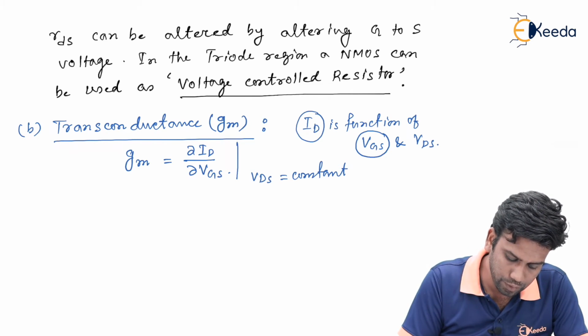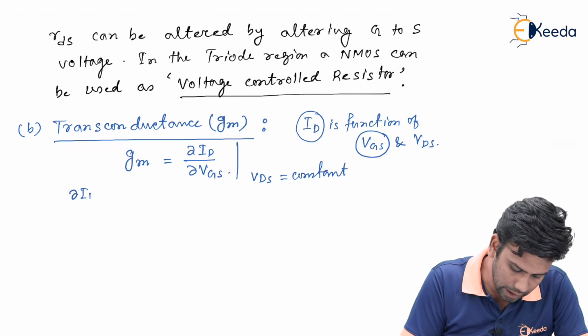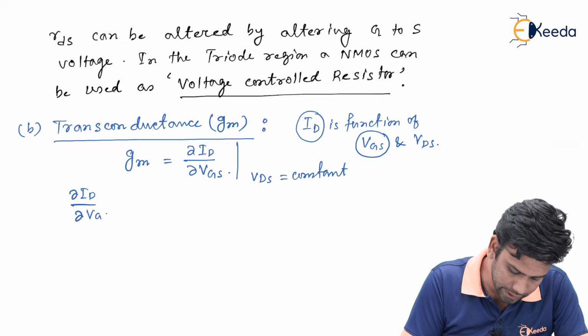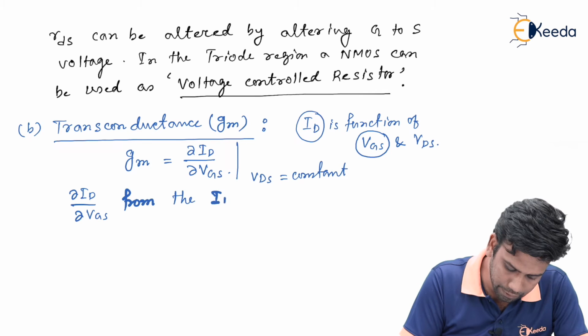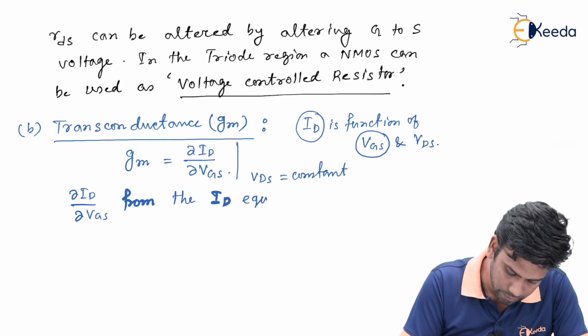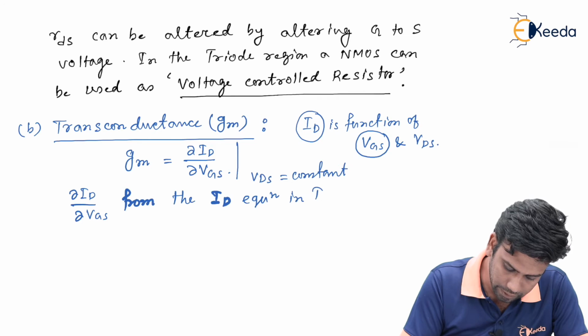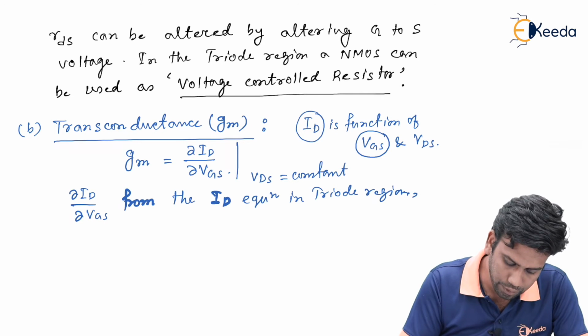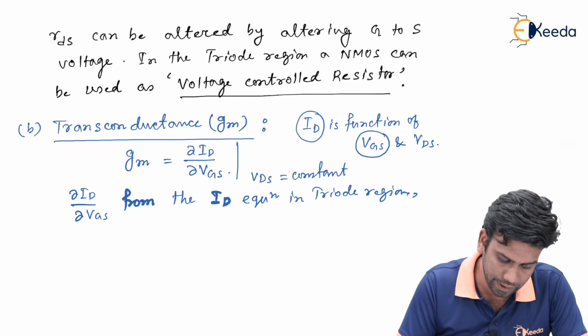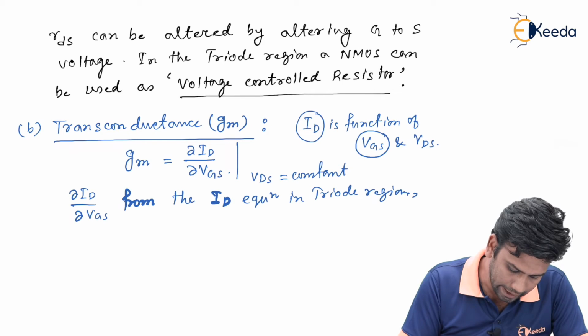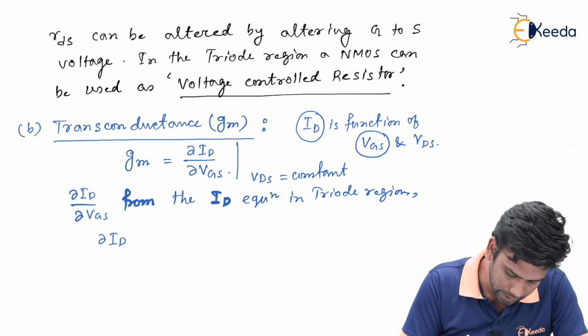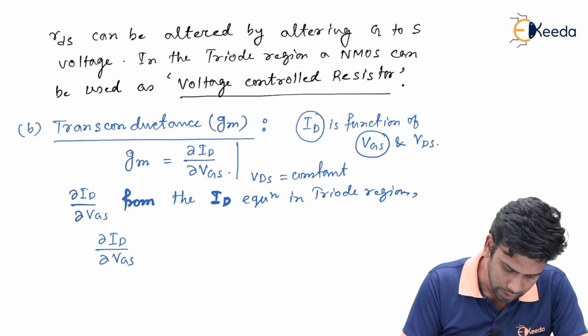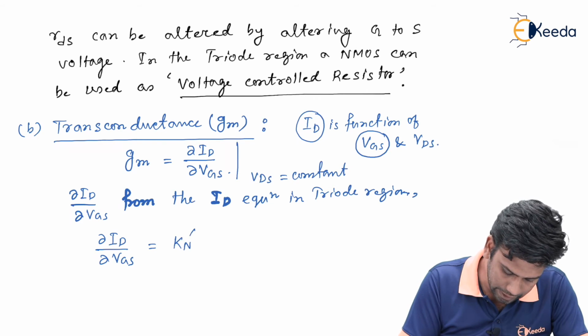And if I find the del ID by del VGS from the ID equation in the triode region, because we know the equation of ID in the triode region, then del ID by del VGS will come as Kn dash into VDS.